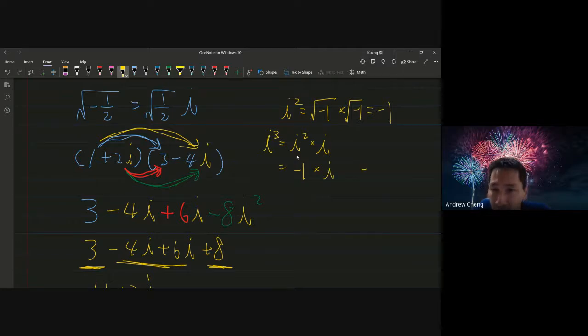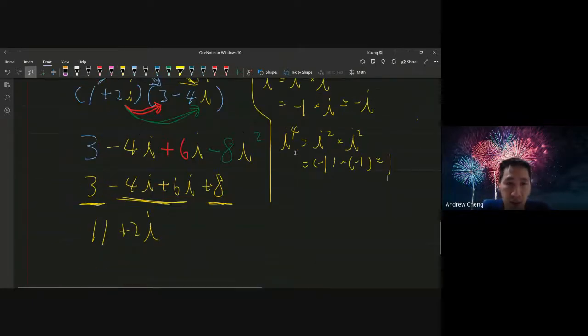Just like -1 times x becomes -x, -1 times i is just -i. How about i to the power 4? That will be i squared times i squared. We know i squared is -1, so -1 multiplied by -1 gives you 1.